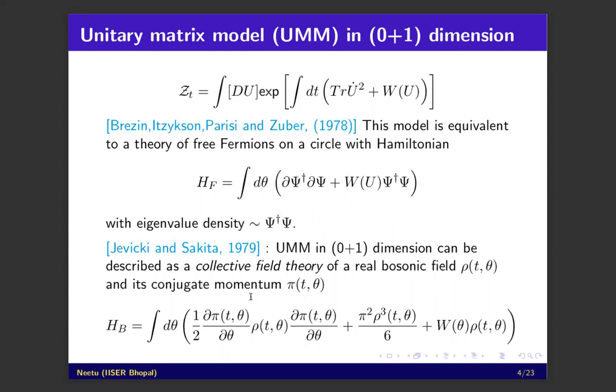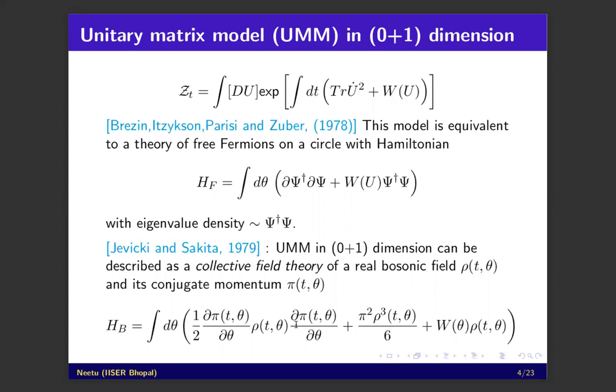Then in 1979, Jevicki and Sakita showed that this model also admits a bosonic description as a collective field theory, where the collective field variables are the eigenvalue density rho and its conjugate momentum pi.